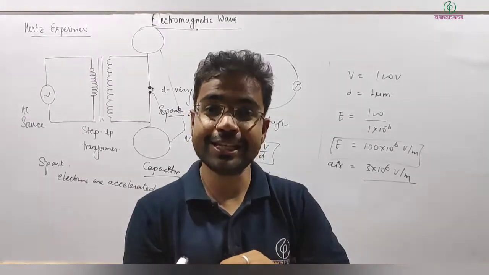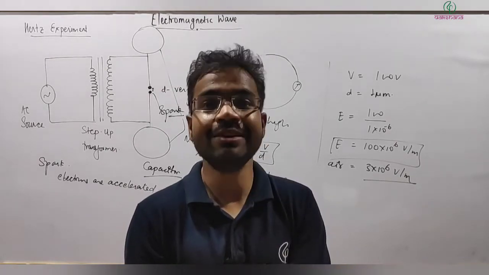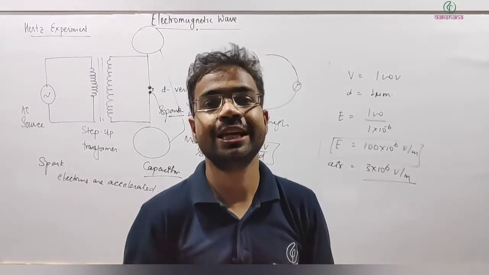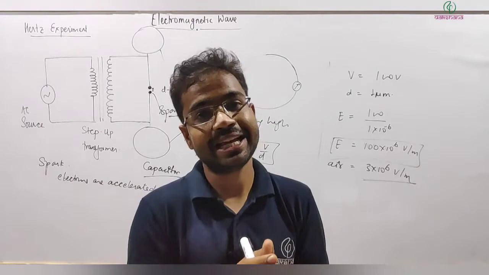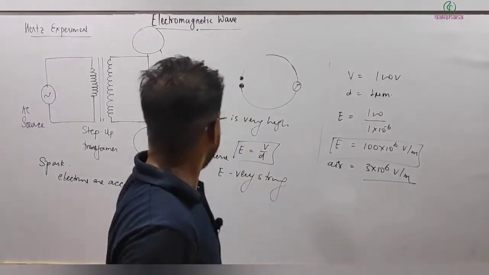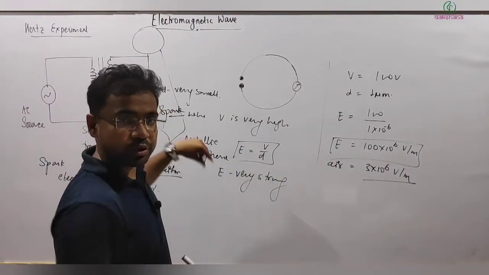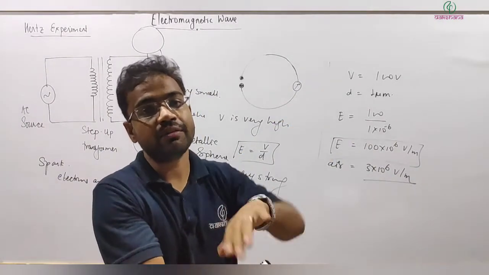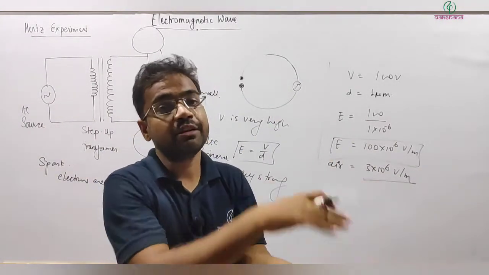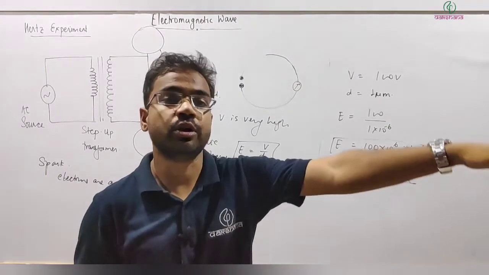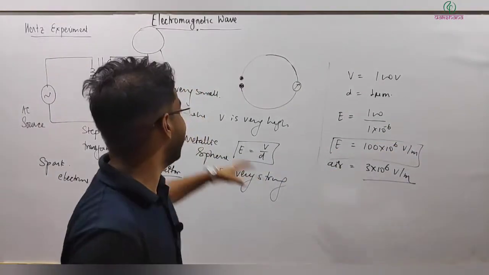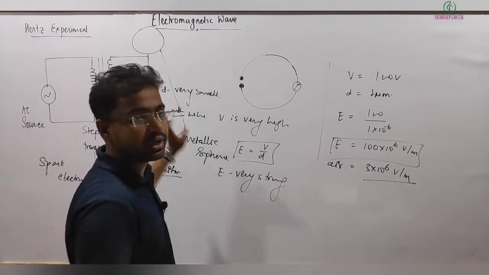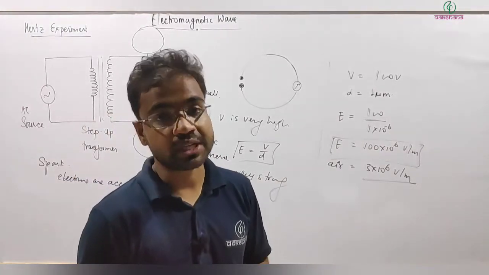And we have seen that a changing magnetic field can also produce a changing electric field. So that is what exactly happens here. This process keeps on continuously going, and that's how electromagnetic waves are produced.